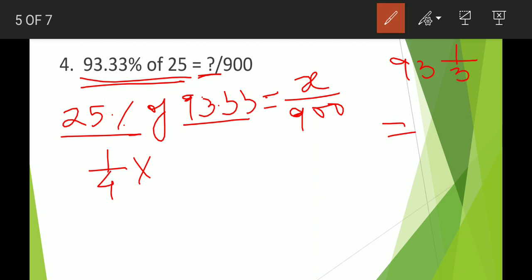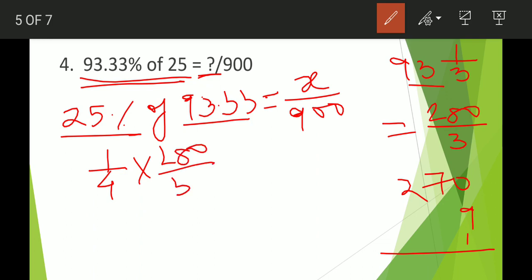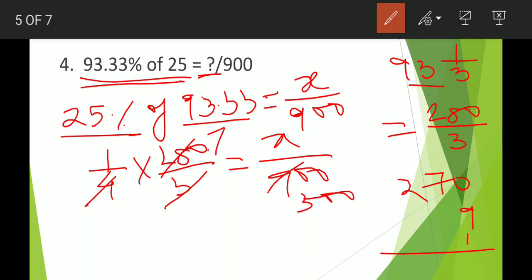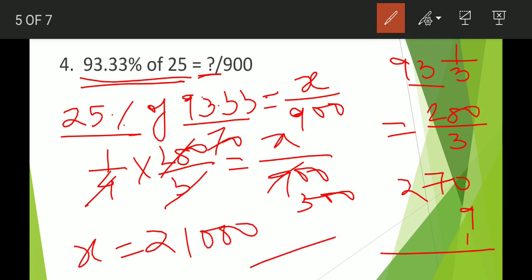So if we simplify, first we multiply then add: 93 into 3, that is 90 into 3, then 3 into 3, and then 1, so we will get 280. Therefore 280 over 3 equals x by 900. Now just simplify it properly. We will get x as 21,000. So this is our answer.